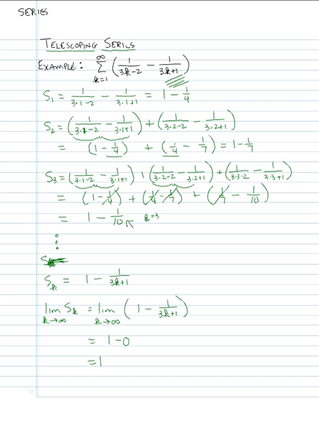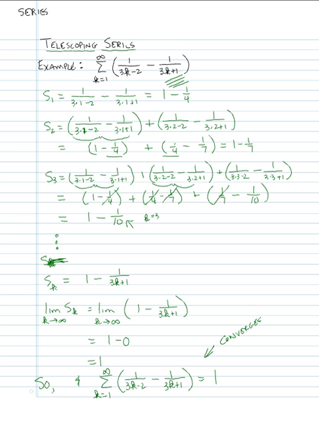So our conclusion is that the sum from k equals 1 to infinity of 1 over 3k minus 2, subtract 1 over 3k plus 1, converges to 1, because that's the limit of the partial sums. And so we once again have convergence.